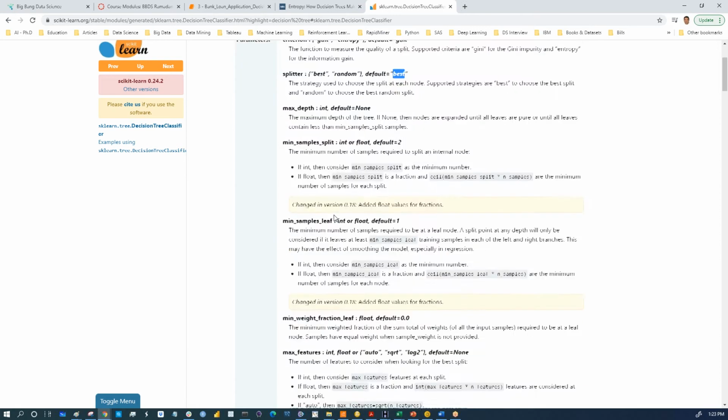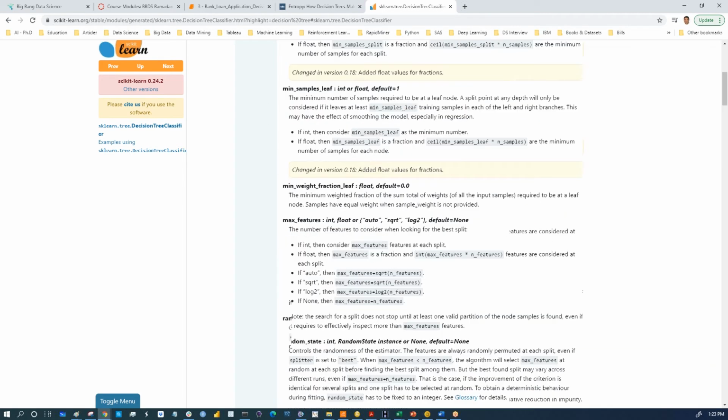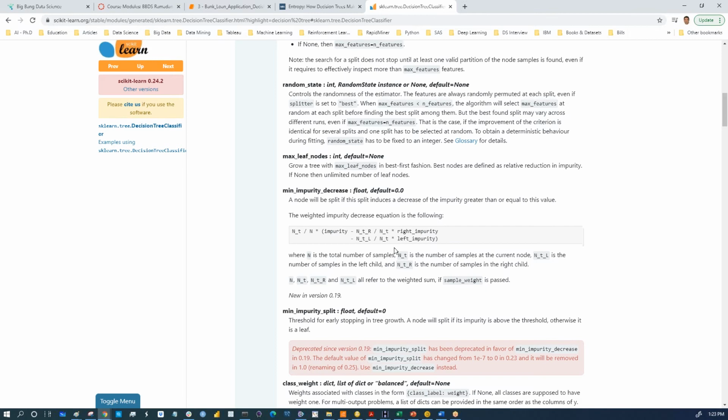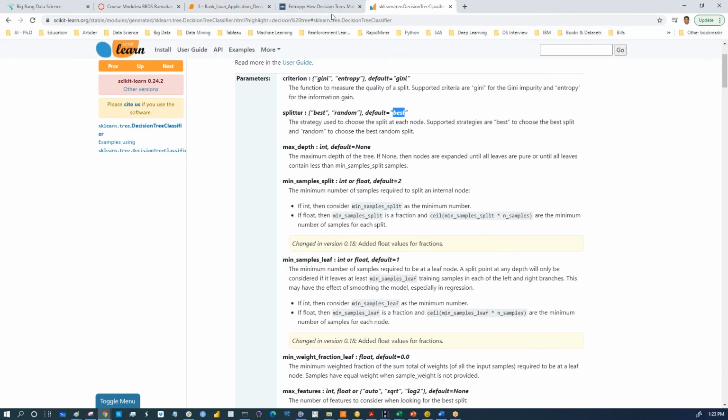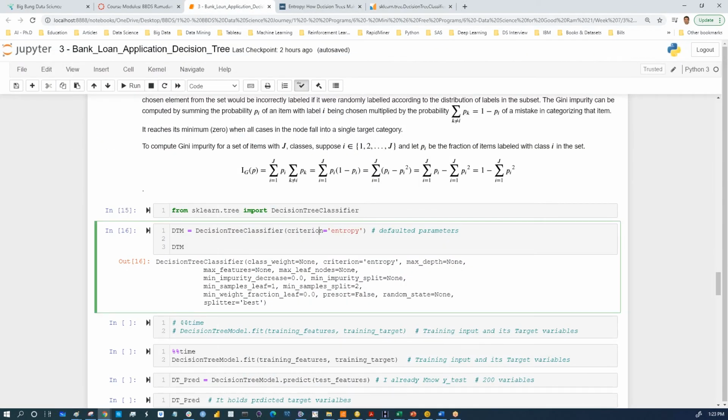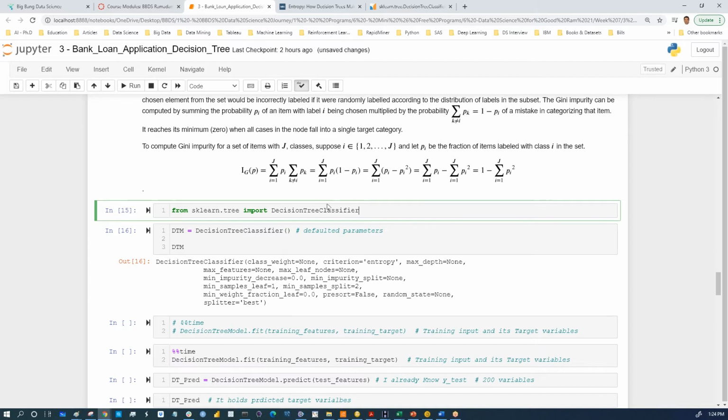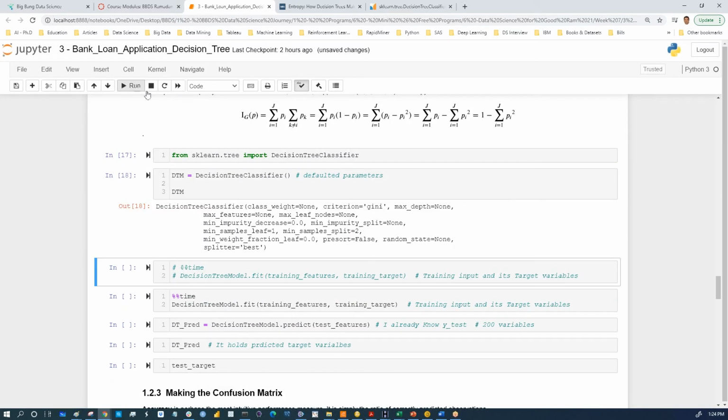So all these parameters have defaults, and you could change them. If you don't specify anything, it assumes Gini. I did not specify, and it says Gini. You see that? Yes.